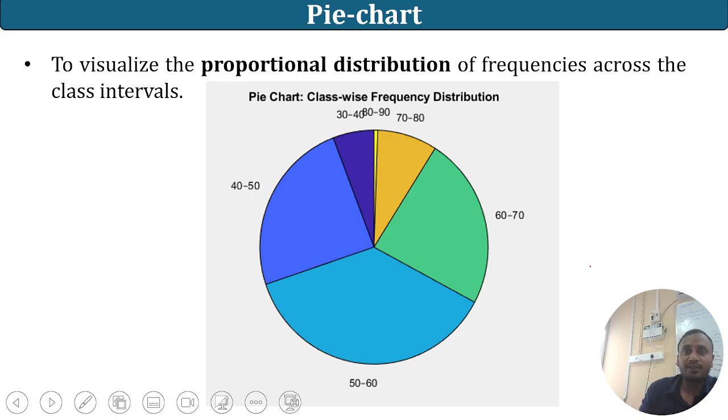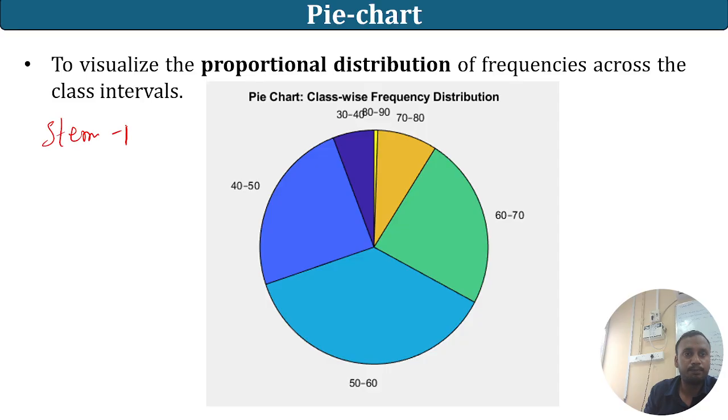Okay. Before the pie chart, we have one more graph, the stem and leaf plot. It's again similar to a histogram only.